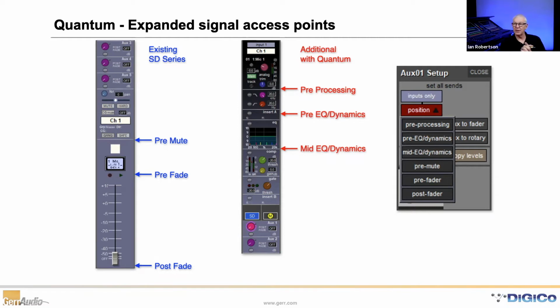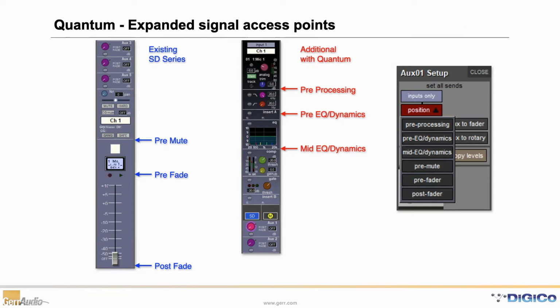The voltage drops, the heat dissipated from them gets much less. So that's why we're able to do more with less, so to speak. So the two consoles with the removable engines, the SD5 and the SD7, they were upgradable. But anything other in the SD series will not be a Quantum upgrade.